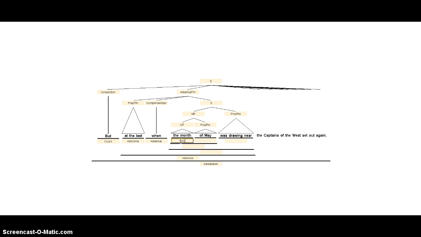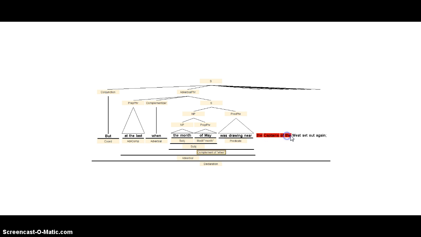And the month is our subject, and of May is a modifier of month. Again, this is a subject. This is our predicate, which we will leave in triangle form. And this whole sentence, the month of May was drawing near, is a complement of when. So that's the first half of the sentence.